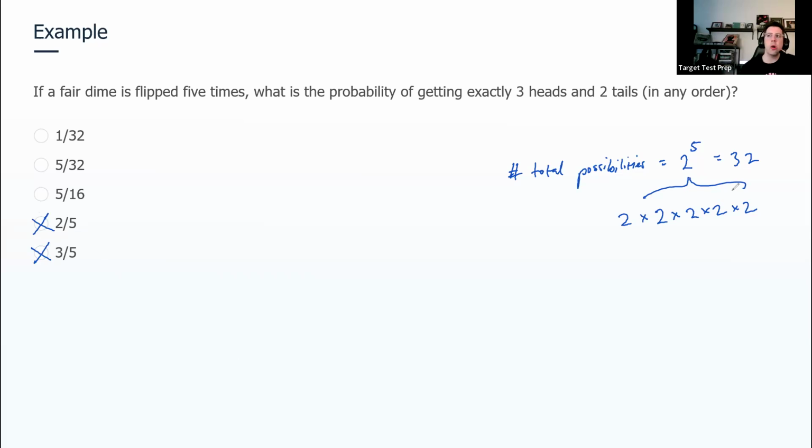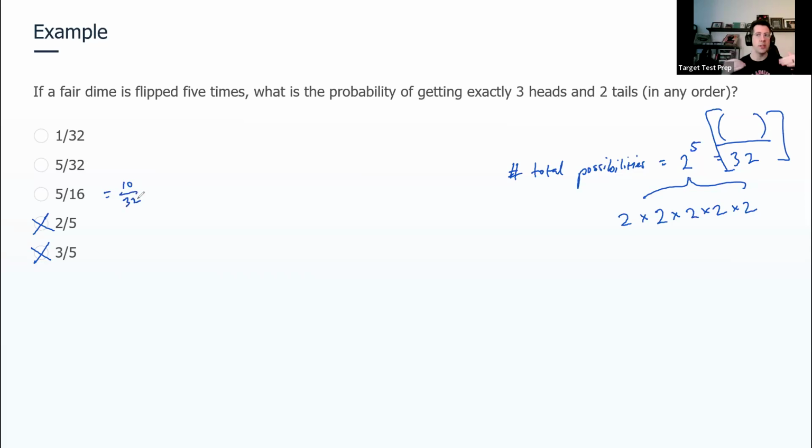Whatever our answer ultimately is, the fraction is going to be something out of 32, and maybe it'll be reduced down from that, right? If we look at this, it's like 1 out of 32. Well, that at least could be a probability of something happening within the 32 possible outcomes of flipping a coin 5 times. Or maybe it's 5 outcomes out of 32. Or maybe it's 5 out of 16, which is the same as 10 out of 32, right?